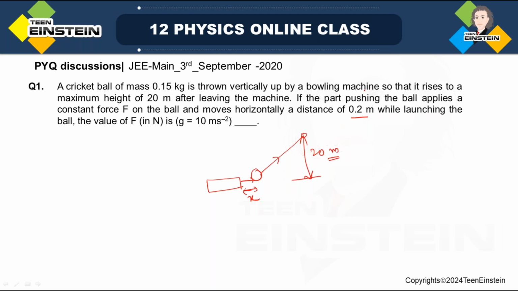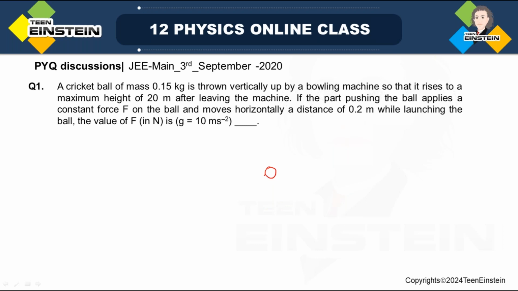Yeah, this is vertically up, so you don't need to consider this. It is moving vertically. I think you can just think of the machine part like this. It is moving. So this is the ball here, and this part comes and hits.